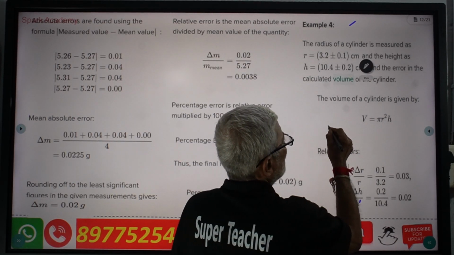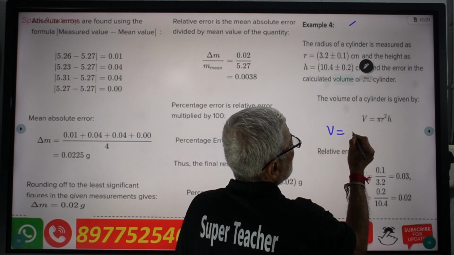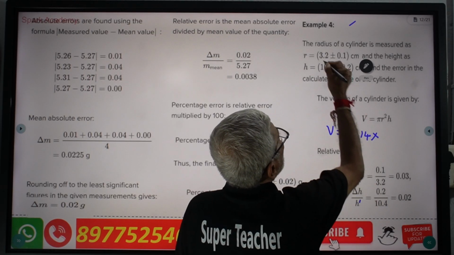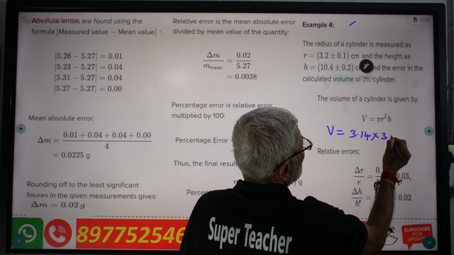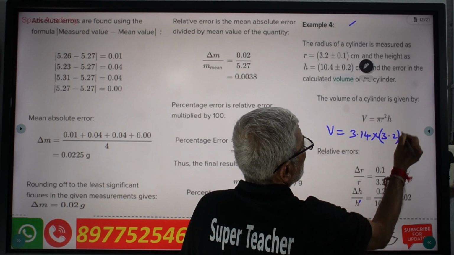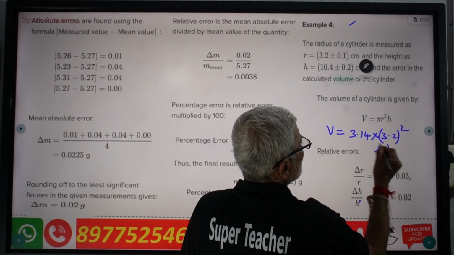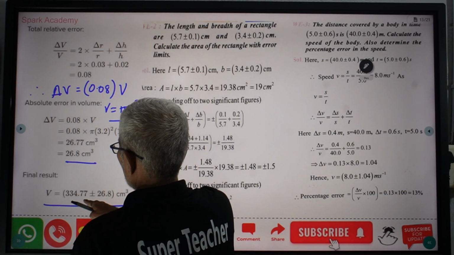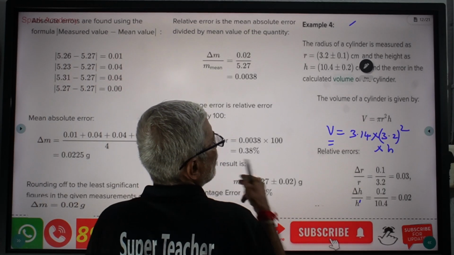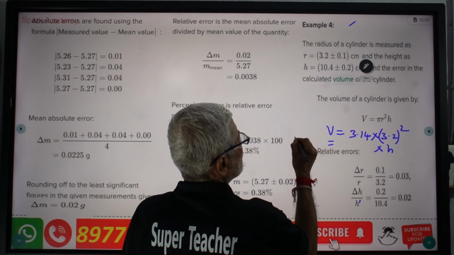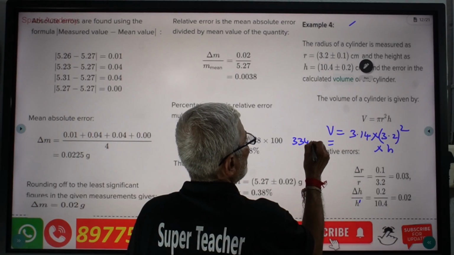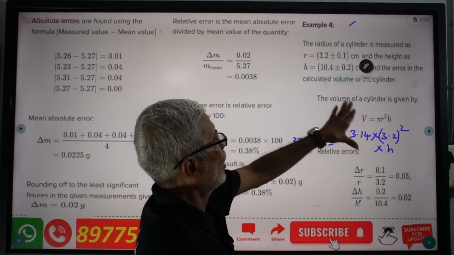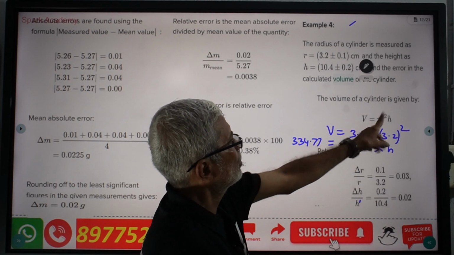Pi r square h means V will be equal to pi, which is nothing but 3.14, into your actual R, which is 3.2 let's say, whole square, into H. So this will give you 334.77, the actual volume of the cylinder if you use the formula.